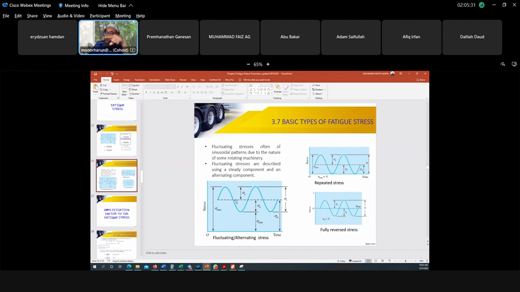From the middle line, that is alternating. Means the value, the middle, the mean, kan? Nilai yang tengah tu, the mean. Berapa nilai ni? This mean. So this is the common types of stresses.